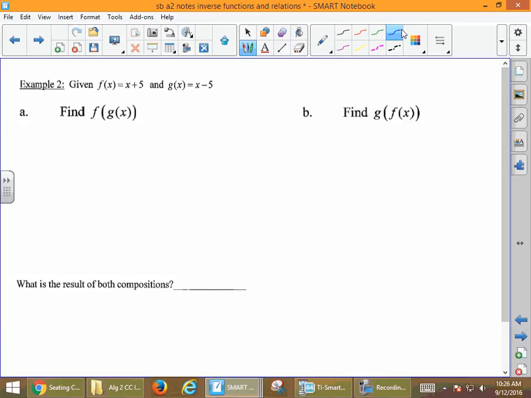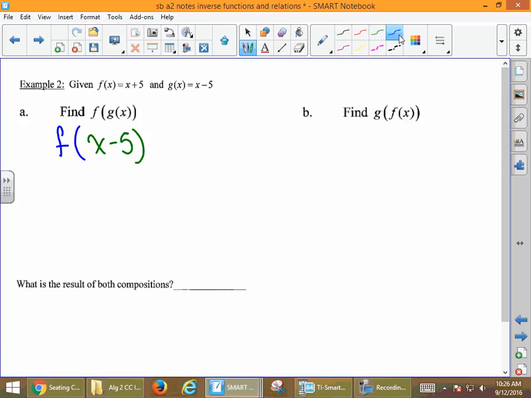So here's g of x. We want to fill in g of x. What does g of x equal? When we look back in the problem, it says g of x equals x minus 5.